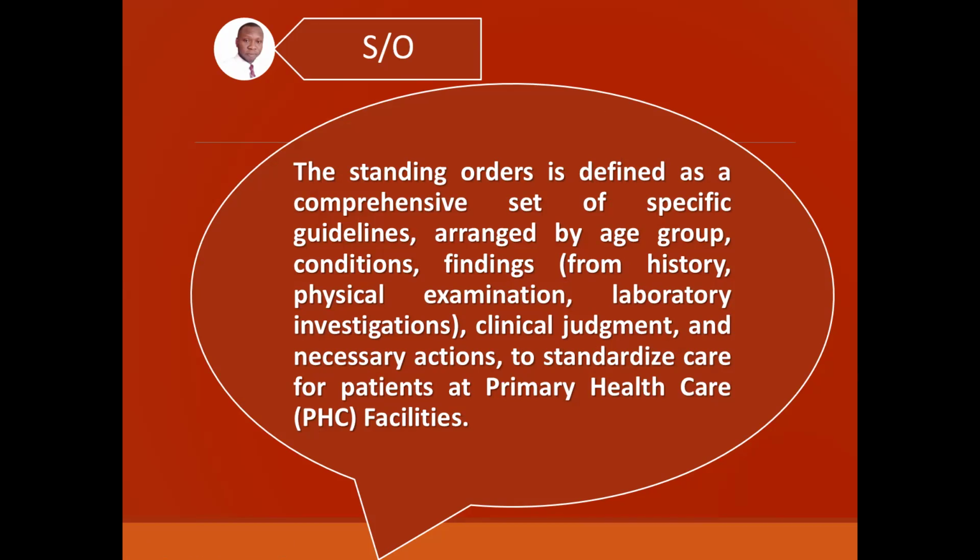As such, it provides us with that specialty: this is a pediatric patient and needs to be taken care of as a pediatric patient. This is an elderly or geriatric patient that needs to be taken care of that way. So it's arranged by age group.